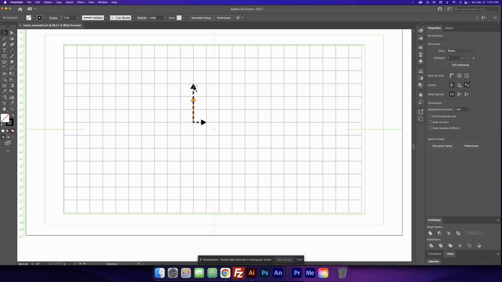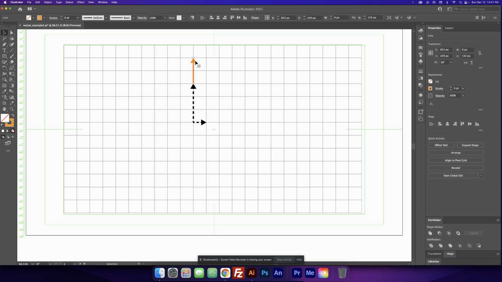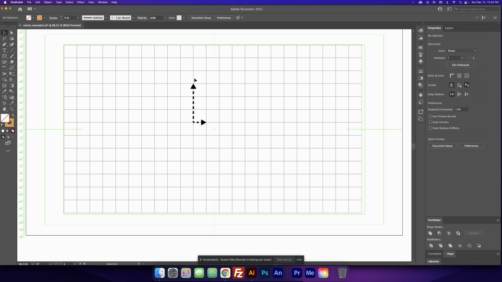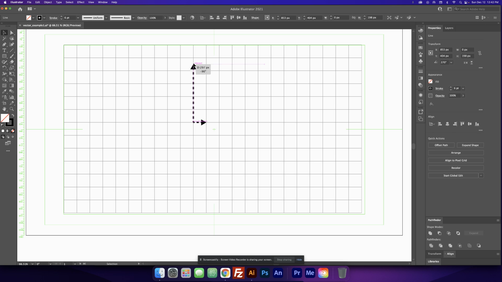Now, since this vertical arrow and this orange arrow are in the same direction, they contribute to each other. So they essentially result in a much longer arrow. So at this point, I could get rid of the orange and extend the black arrow out to show that it has joined forces with the orange.